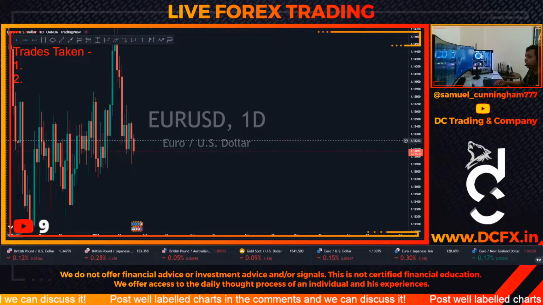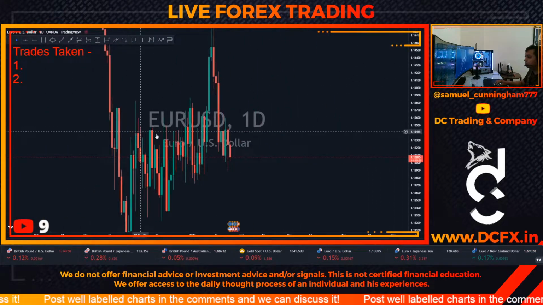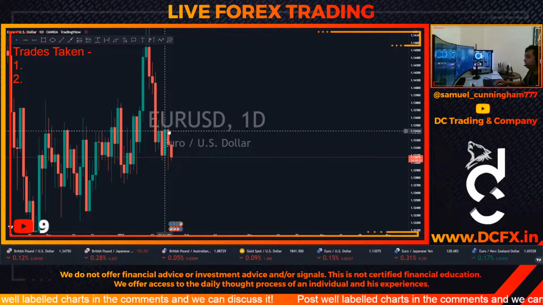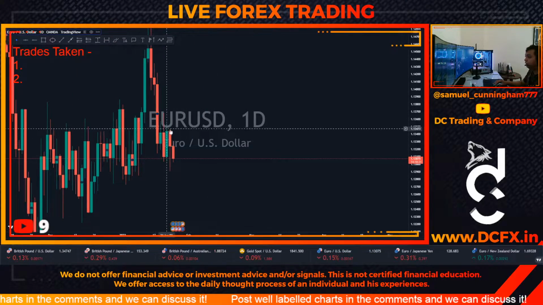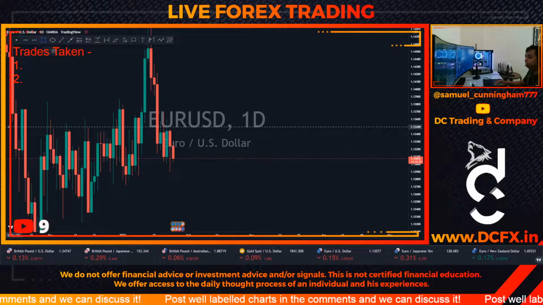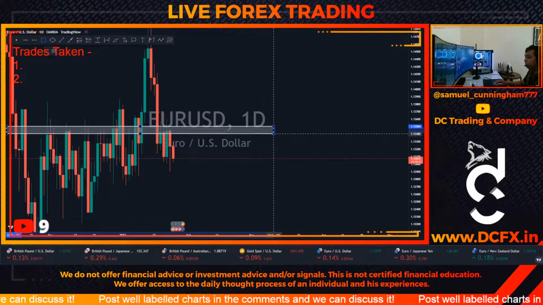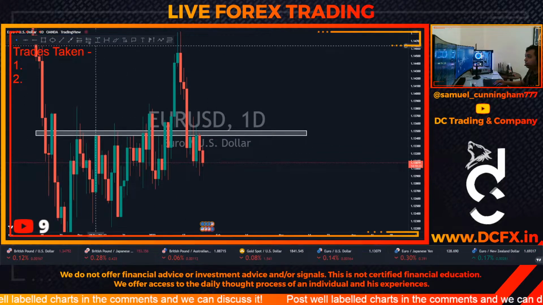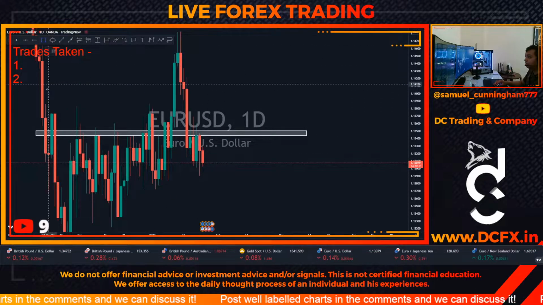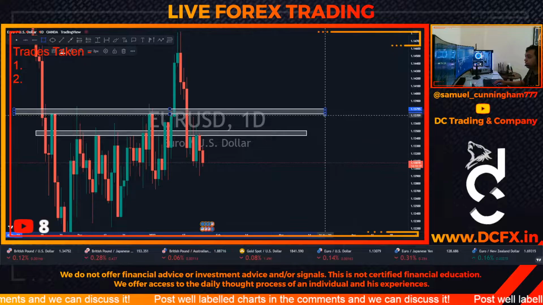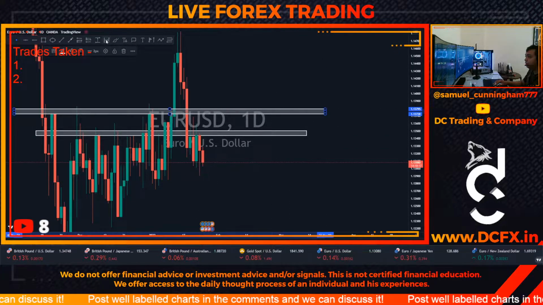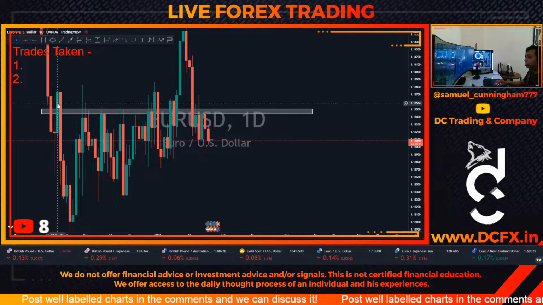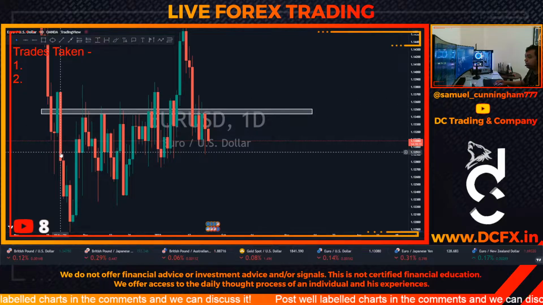On the daily time frame, in the most recent price action, we have respected this level. So why have I not drawn it up here? Because every bullish candle that closed, the next bearish candle came right back in.